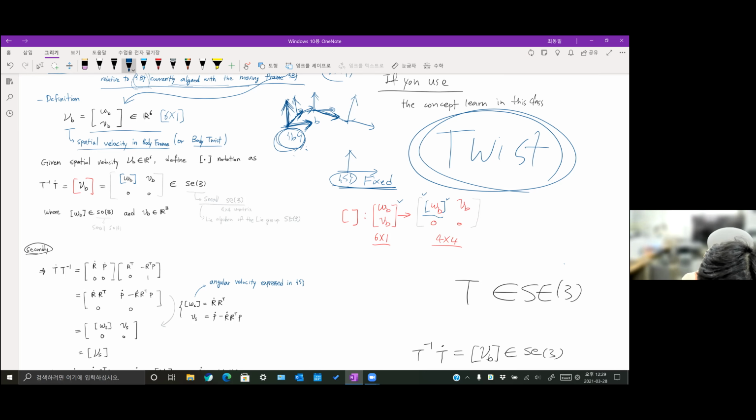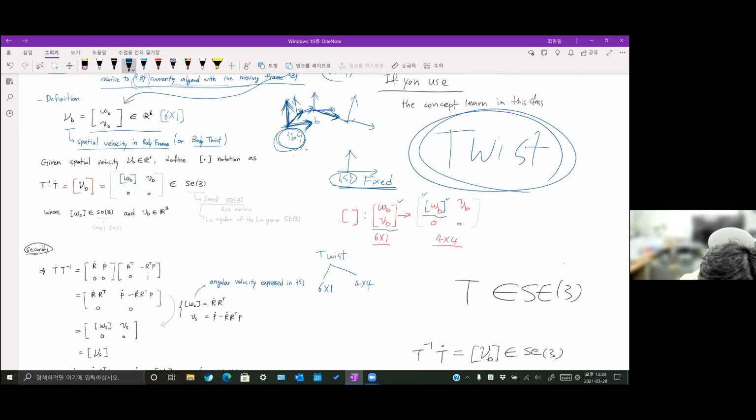This one is the skew symmetric bracket, and this one is from twist. In twist there are two kinds of format: one is the 6x1 format, and the other is the 4x4 format.